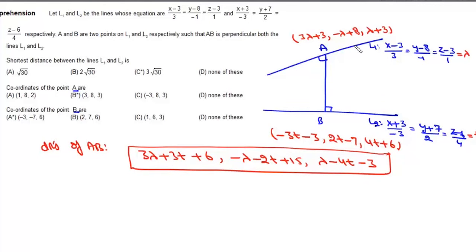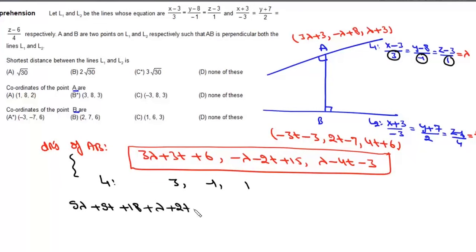So now we have the direction ratios of AB. Now this AB is perpendicular to this line L1, and the direction ratios of L1 are 3, minus 1 and 1. So basically the dot product should be 0. So we'll get 9 lambda plus 9t plus 18 plus lambda plus 2t minus 15 plus lambda minus 4t minus 3, and it should be 0.